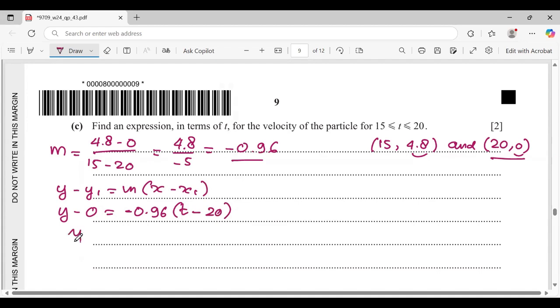So y equals minus 0.96t plus 19.2. So the function is minus 0.96t plus 19.2.